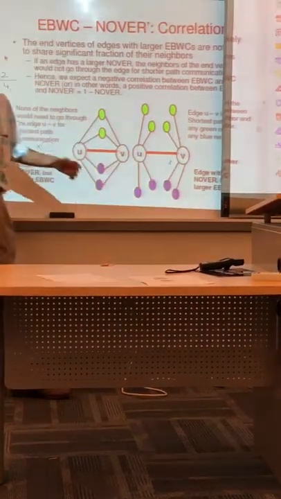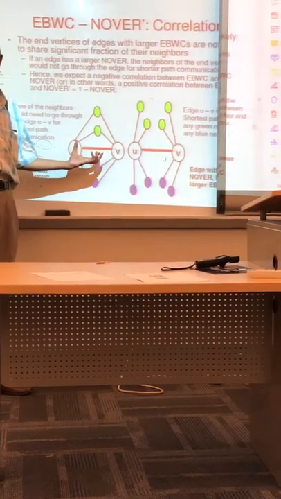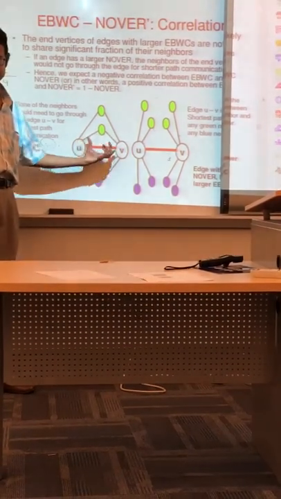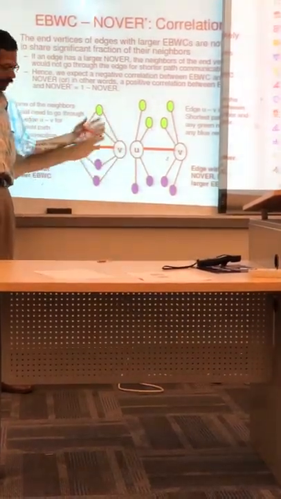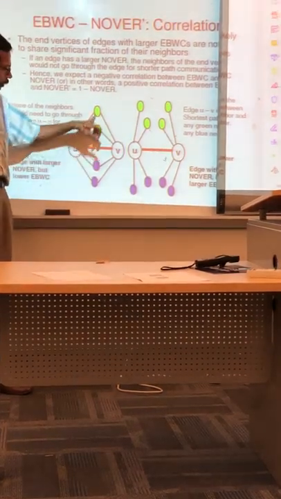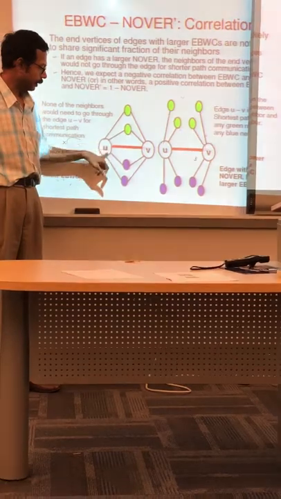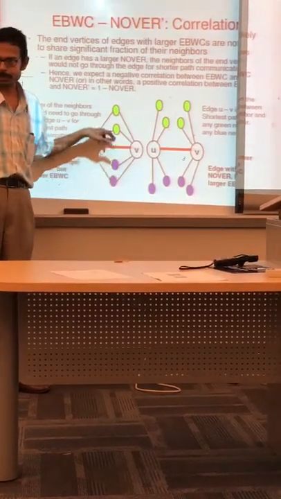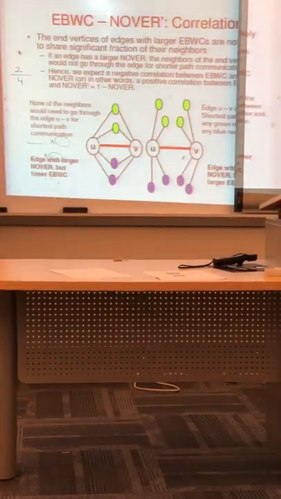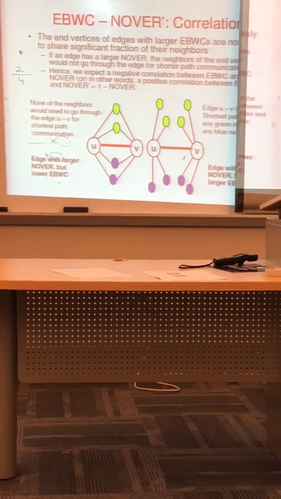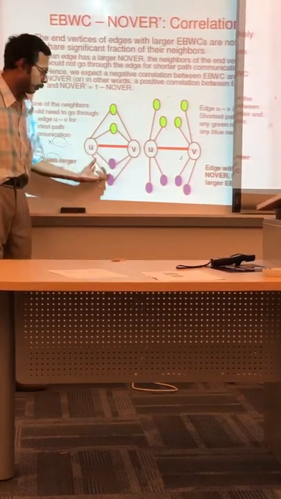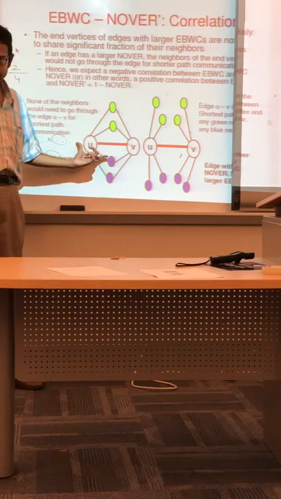An egocentric edge network for an edge is just the edge, its neighbors, and the edges connecting the neighbors. These are the 4 neighbors of U and V, and the edges connecting U and V to those neighbors. Now, the neighborhood overlap score for this edge UV is going to be what?